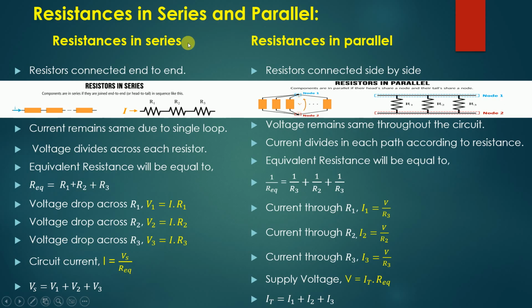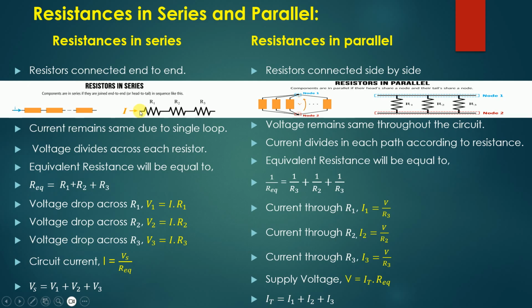Resistances in series and parallel. In this lecture I have made a simple comparison between a series circuit in which resistances are connected and a parallel circuit in which resistances are connected. The first point is almost the same as we studied earlier in the previous lecture, that in series connection these resistors are connected end to end.